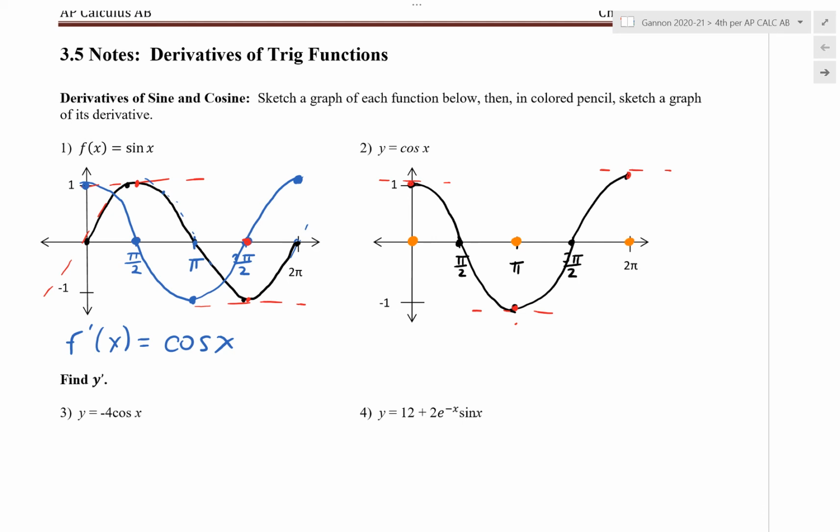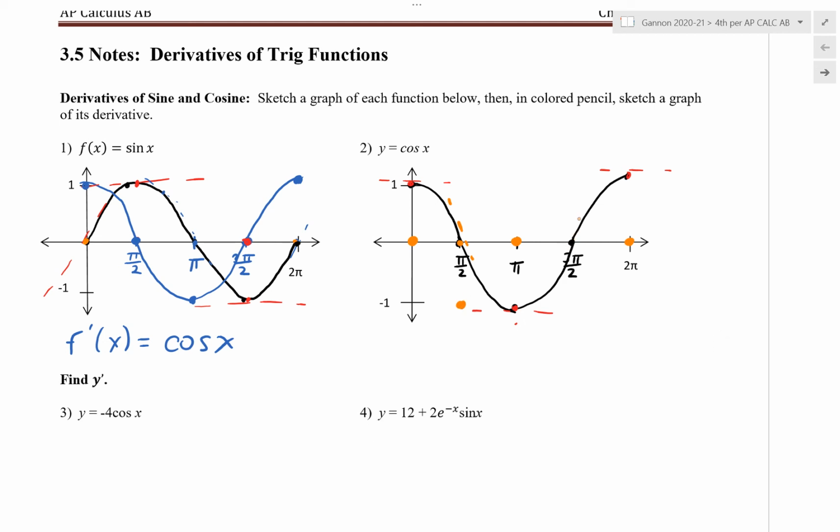And your initial thought might be, oh, okay, well, sine has zeros at 0, pi, and 2 pi, so the derivative of cosine is sine. Well, you got to be a little bit careful because if we took a look at the slope of the tangent line at this particular point right here, that's going to have a negative slope. It's actually going to be negative 1. So the derivative would be negative 1 there.